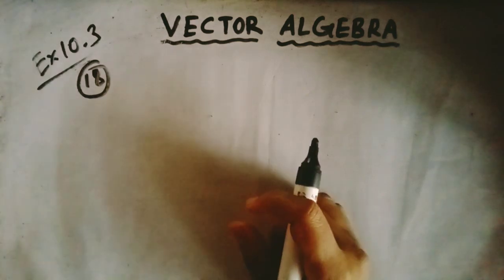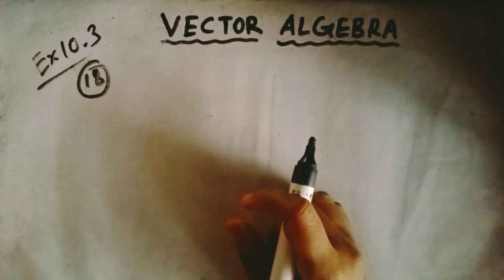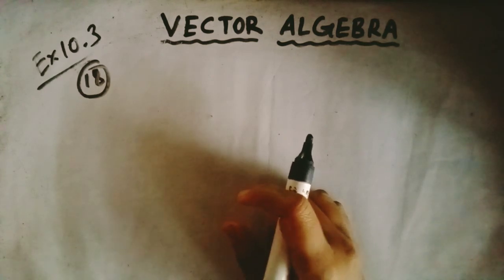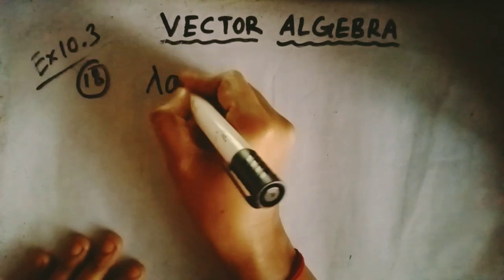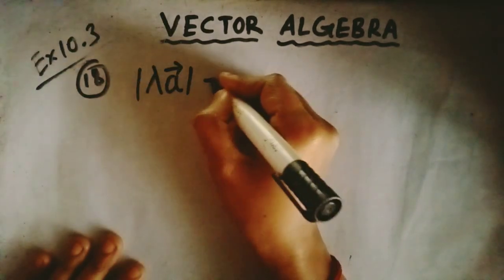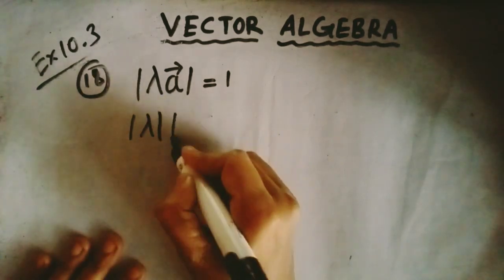Let's solve question 18. MCQ. If A is a non-zero vector of magnitude A and lambda is a non-zero scalar, then lambda A is a unit vector if. So it is given that lambda A is a unit vector. So magnitude of lambda A will be equal to 1. Okay, now I can separate this.